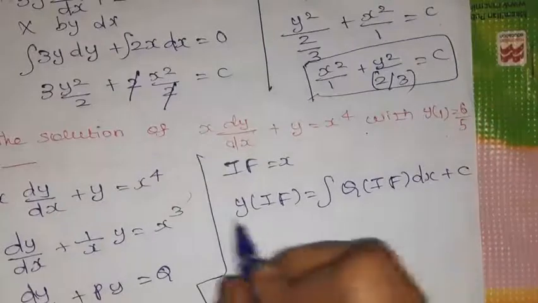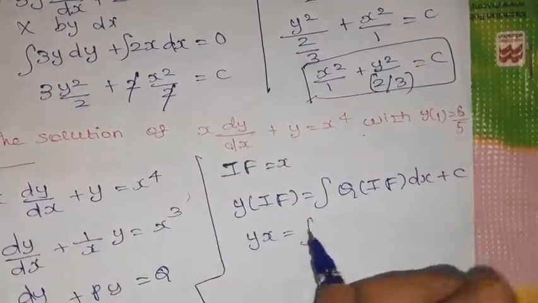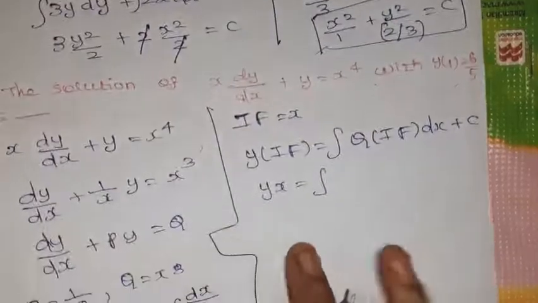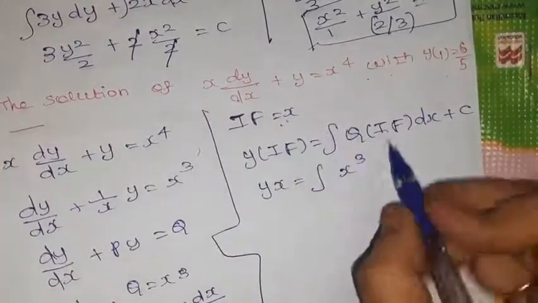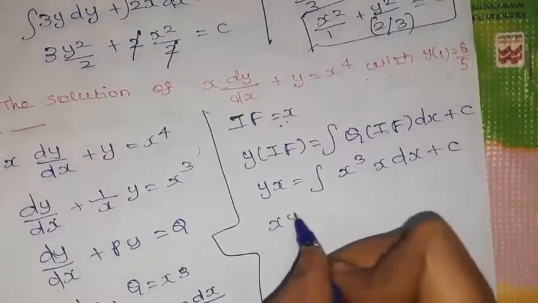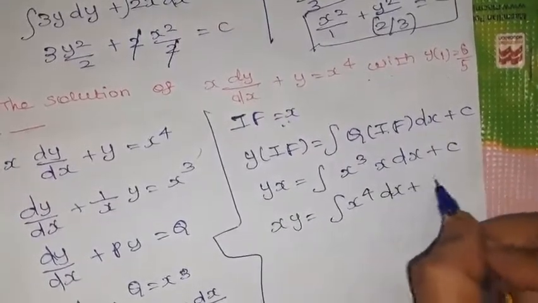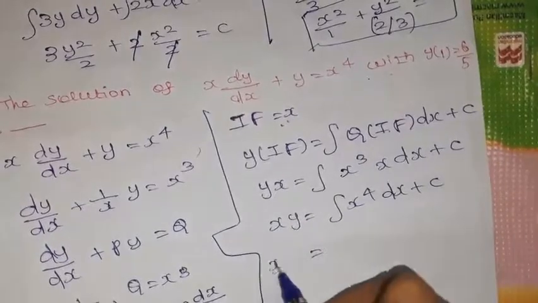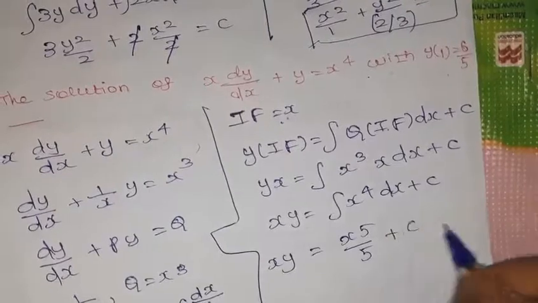Then what is the integrating factor here? x. So y into x equals integral of q, which is x cube, into the integrating factor x, dx plus c. Then xy equals integral x power 4 dx plus c. By integrating we get x power 5 divided by 5 plus c.